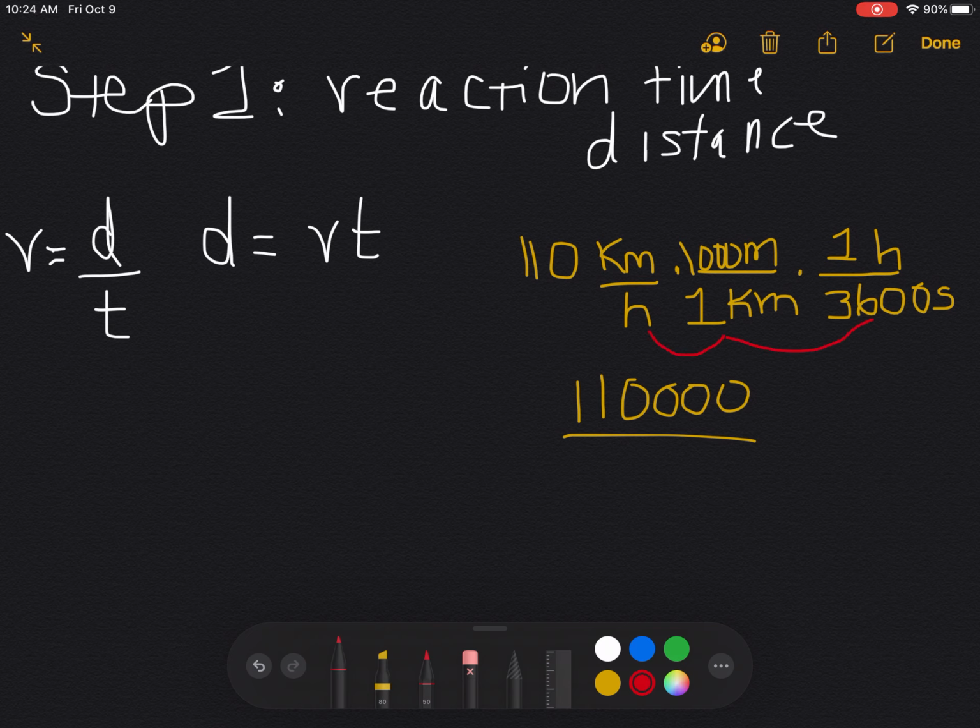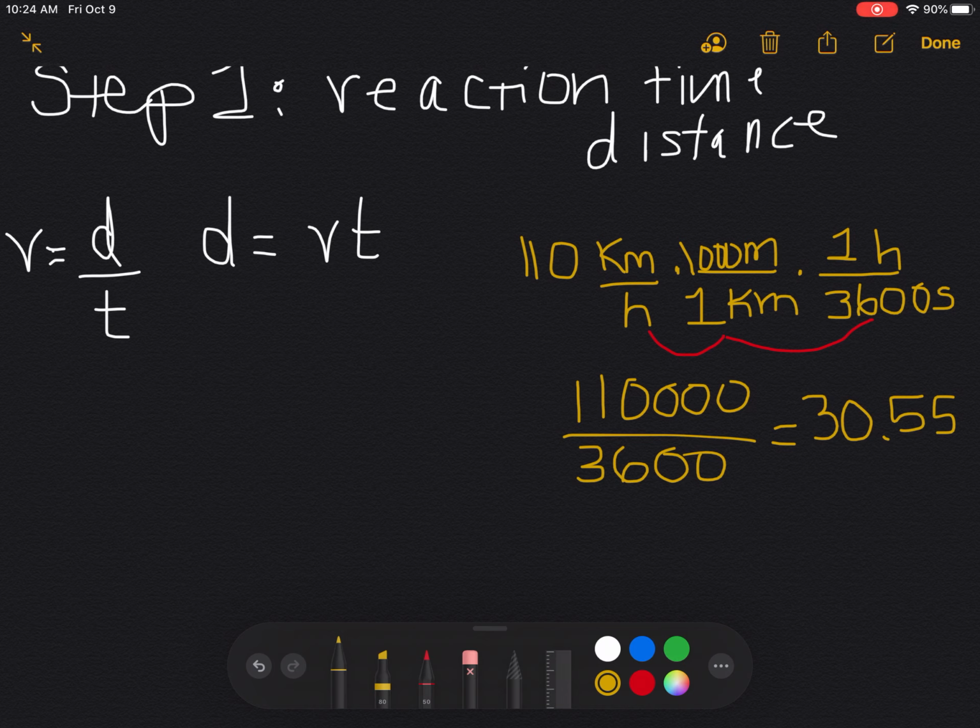It's basically 1 times 3,600, which would give you 3,600. In doing that, we can divide 110,000 divided by 3,600, which will give you 30.55.